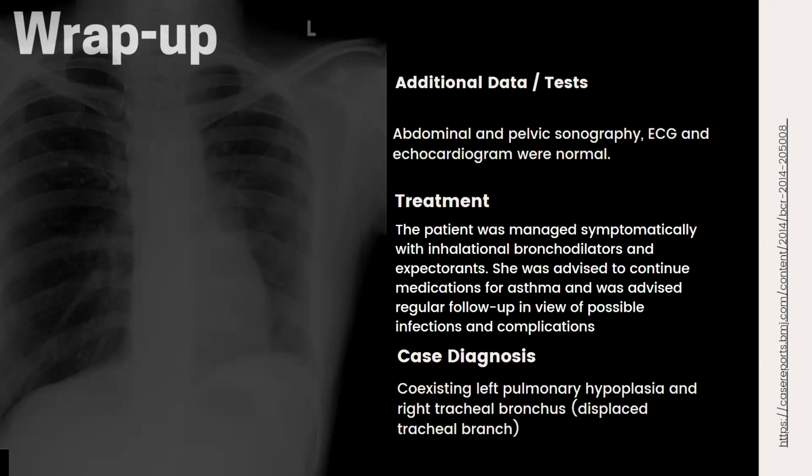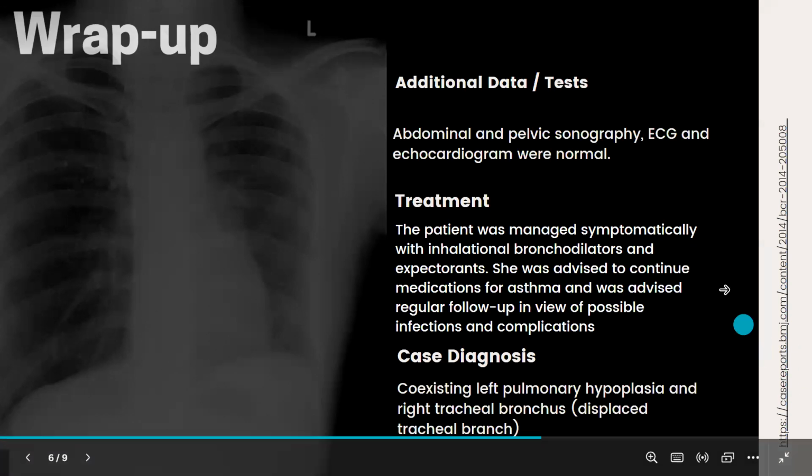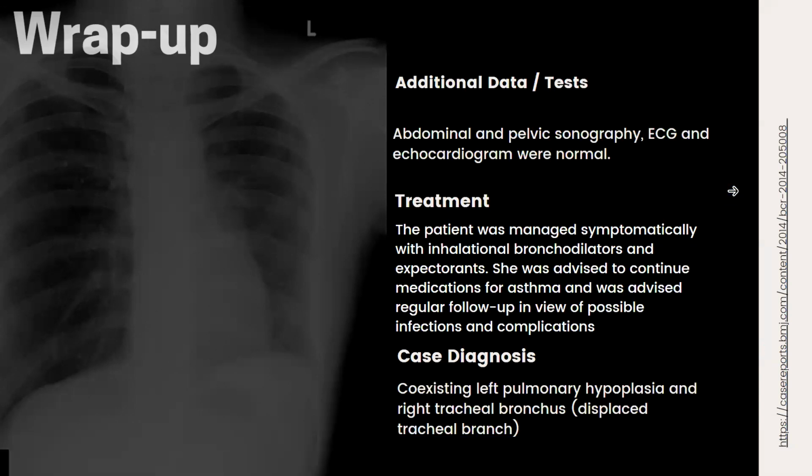She was advised to continue medications for asthma and advised regular follow-up in view of possible infections and complications. The diagnosis is coexisting left pulmonary hypoplasia and a right tracheal bronchus, meaning a displaced tracheal branch, in this case to the right. For some additional practice, you can also look at the med terms in this wrap-up slide.